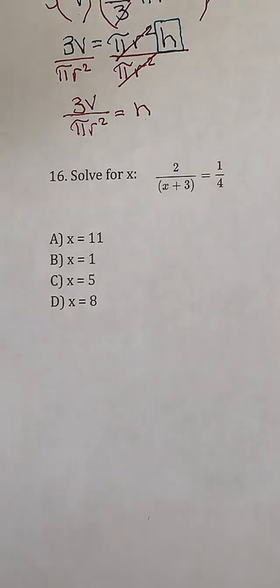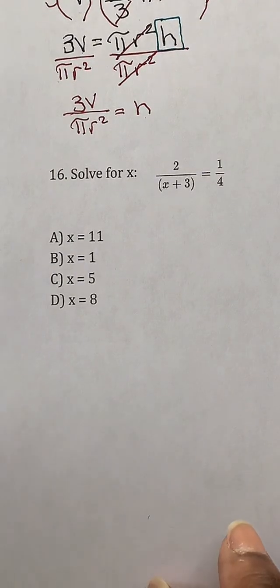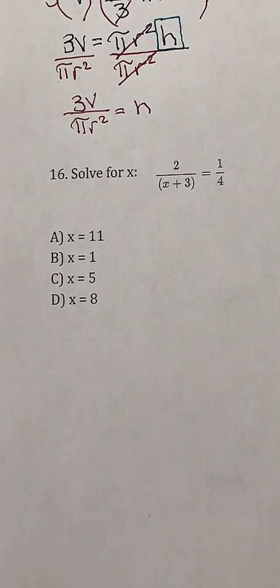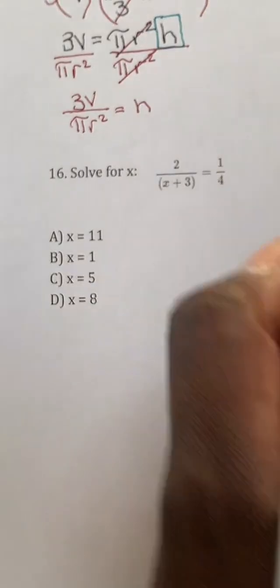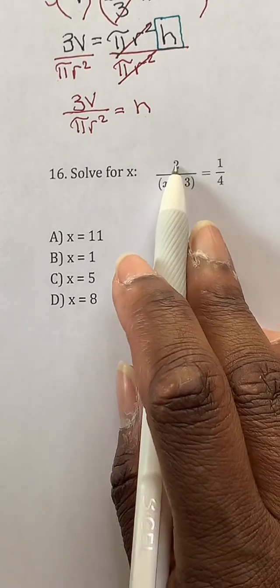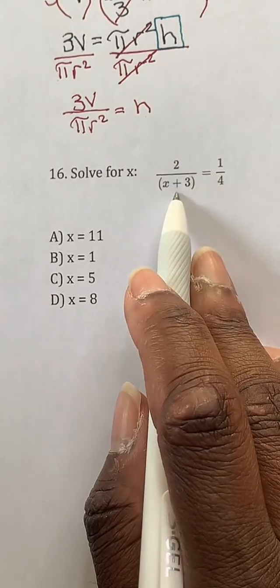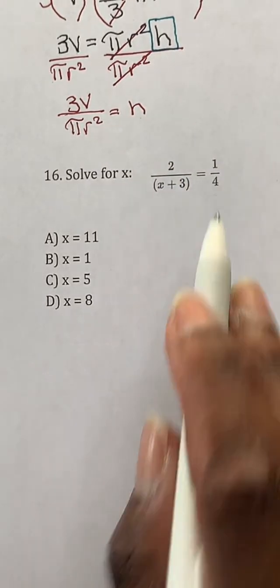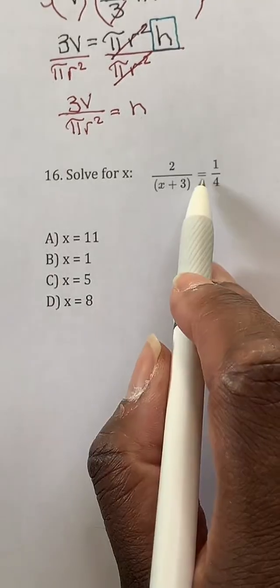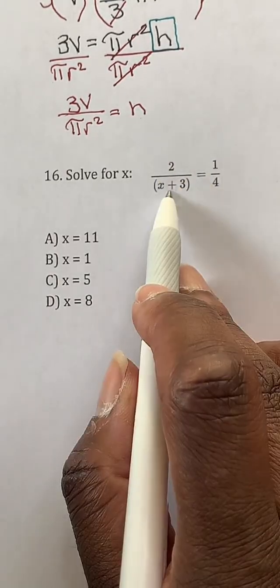Yay. Okay. Now, we can do this one of two ways. If you're currently a student in the classroom, you're going to do what's called cross multiply. When you are having one ratio, which is also a fraction, equal to another ratio, which is a fraction, you are going to cross multiply.